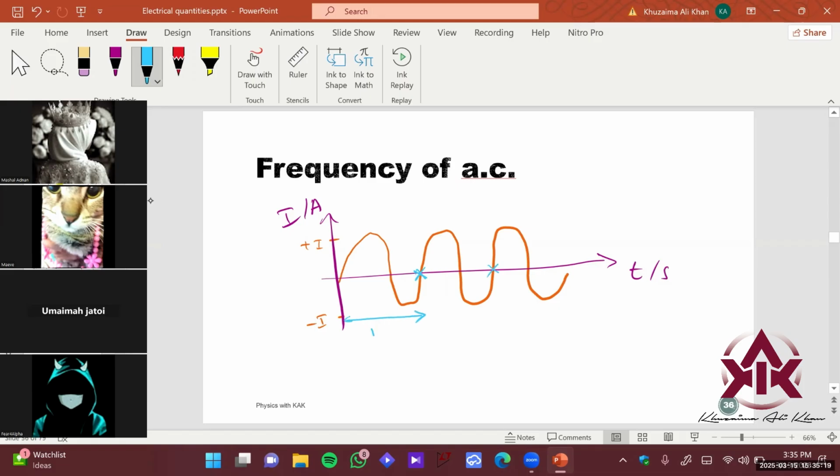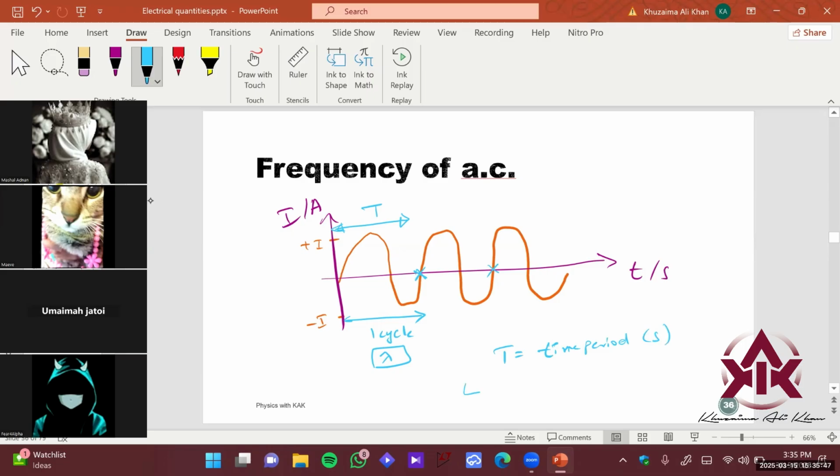This is one complete cycle, and we learned in waves, this is also basically lambda, the wavelength. But you don't want lambda right now in this particular chapter. We're only interested in the time it takes to complete one cycle, which is called the time period. This is T, and it is measured in seconds.